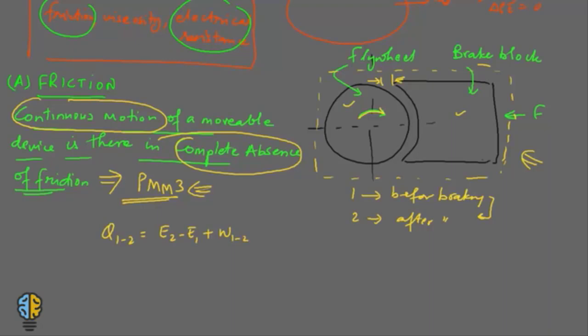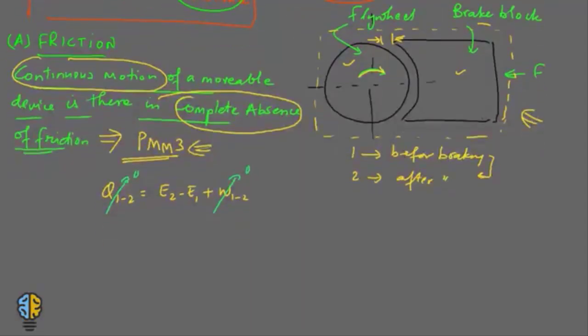Now we just said that Q is 0, and because of the small distance the work is 0. So we will have E2 equal to E1. This is a very important observation in this example, that is, the internal energy remains constant. This means that the system is isolated.